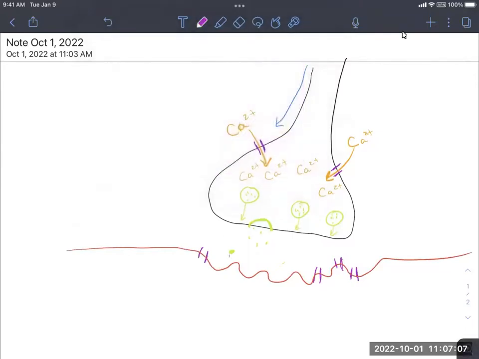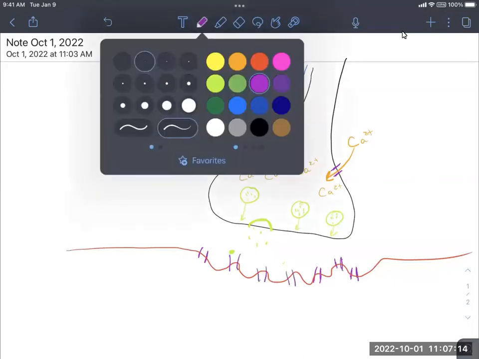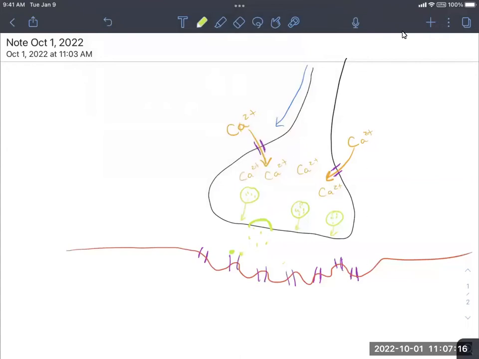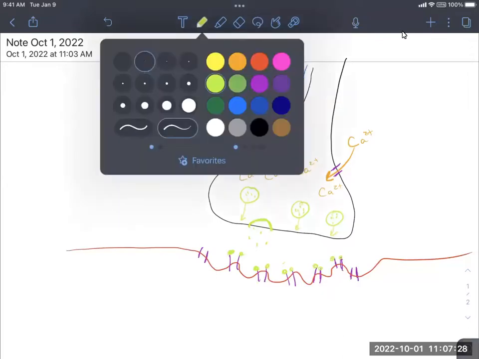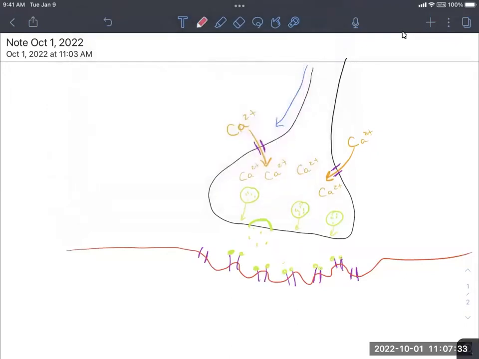So once acetylcholine binds to these channels here, they're going to open up, and what is going to flow in? We have a lot of sodium out here.